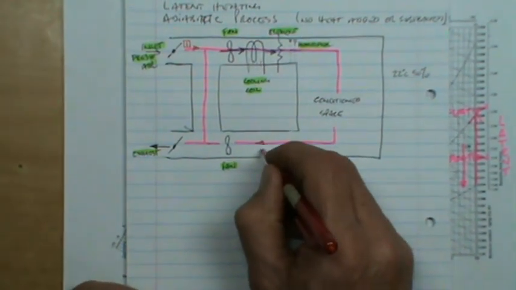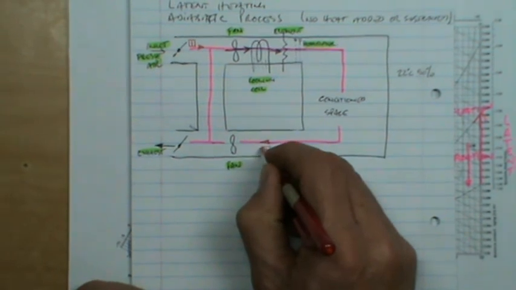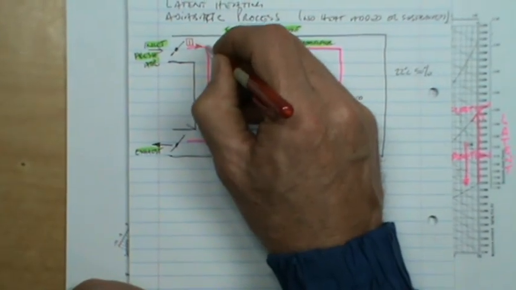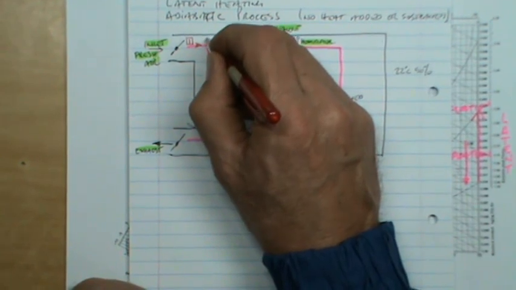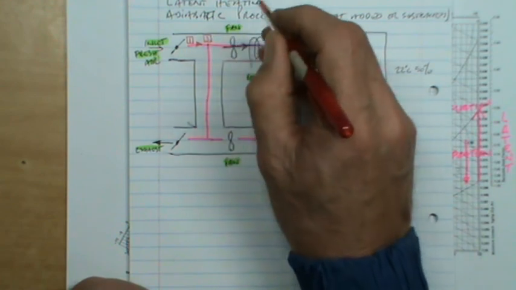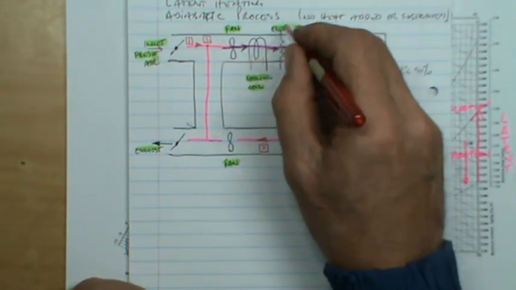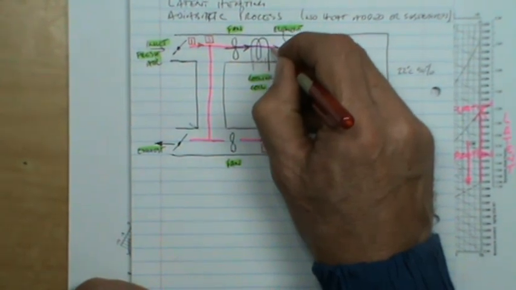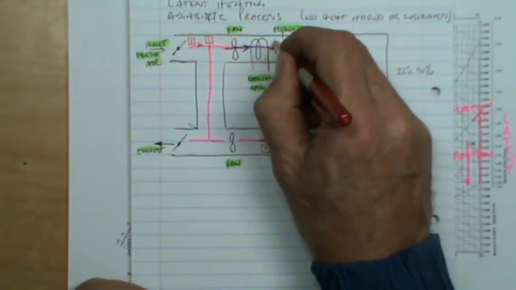This return air is always point number 2 on your chart. Where it mixes over here is a very crucial spot. That is point number 3. And then straight after this coil over there, point number 4.